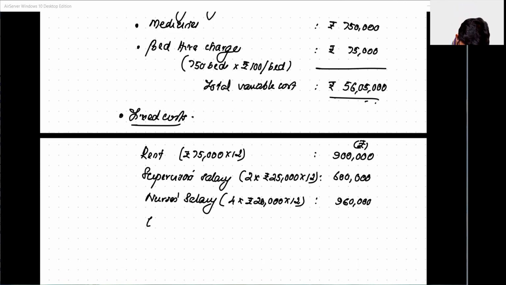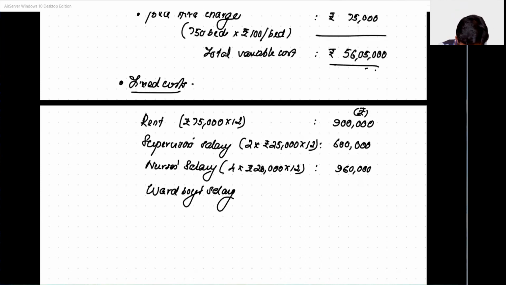Ward boys salary. 4 ward boys at 5,000 and you are paid 12 months. It is 2,40,000.